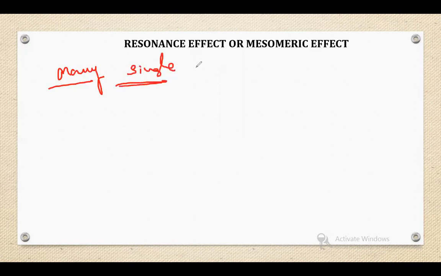With a single structure, we can't explain the properties or behavior of the molecule. Due to that, a single Lewis structure is not enough to explain the property, meaning the behavior or structure of the molecule.